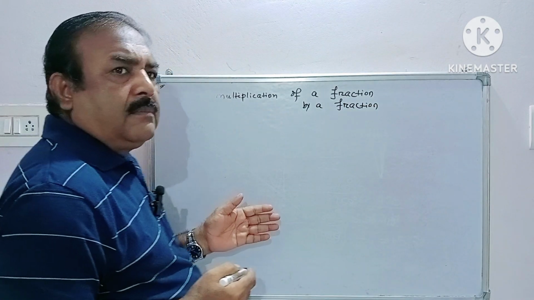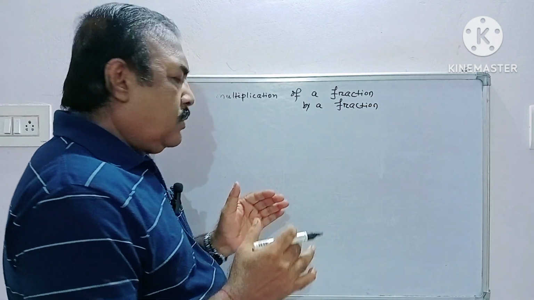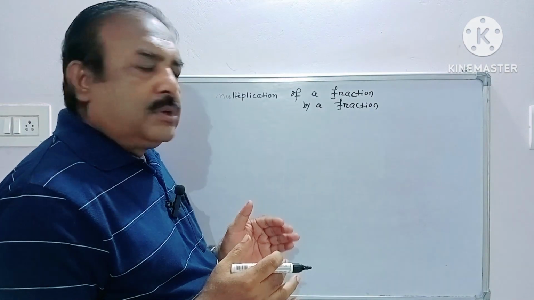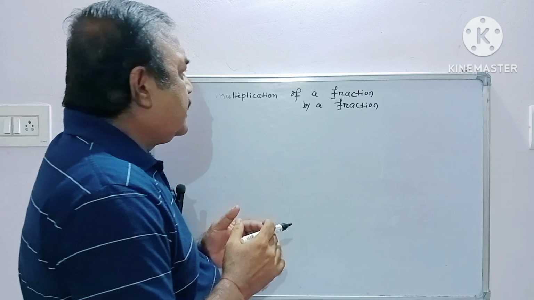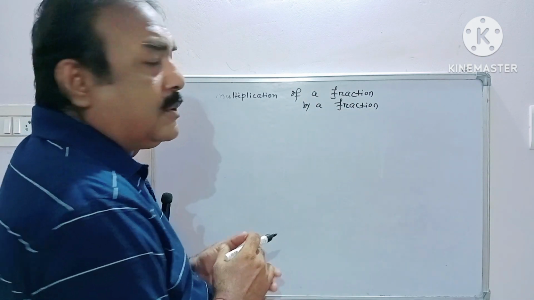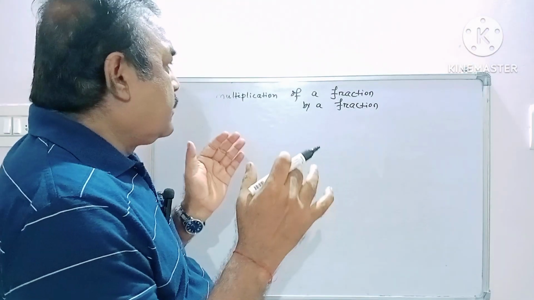Multiplication of a fraction by a fraction, we will know what does it mean. We should take the picture and from that pictorial representation we will fill that part.